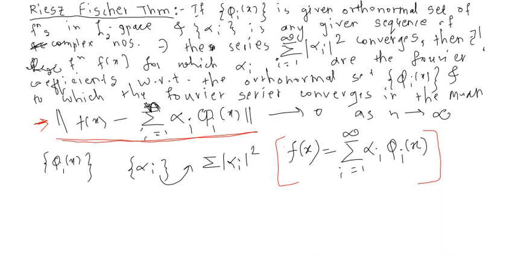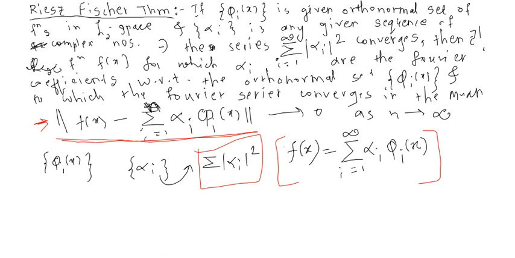So if we have a set of complex numbers such that the series of the squares of the mods is convergent, and we have some orthonormal set, then the Riesz-Fischer theorem says that there will exist a function f(x) that will be equal to this particular series.